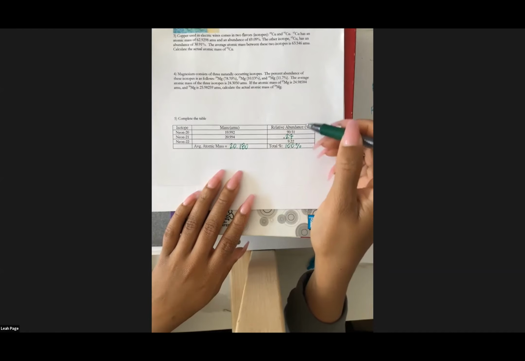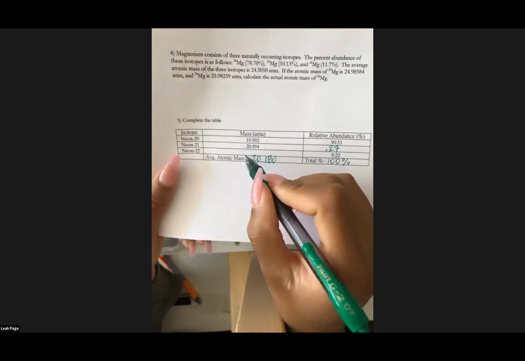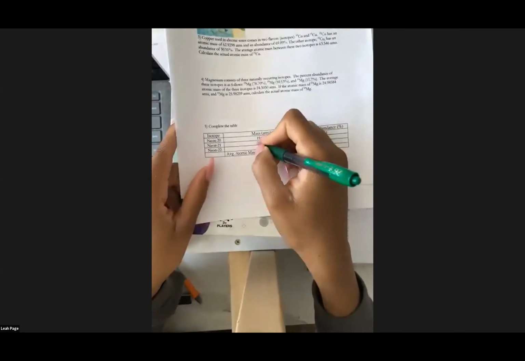So did we all make it this far? Yes. So if we got this far, now all we're trying to do is say, this is my X. And we're gonna set up an equation just like we did for number 3.